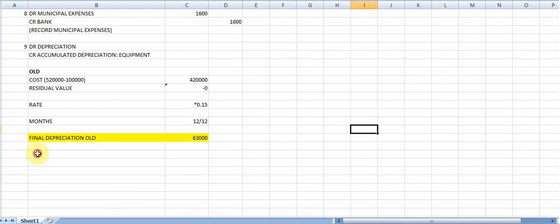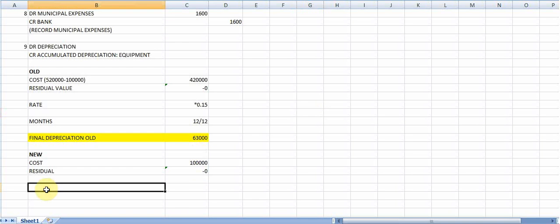How about the new? I have a new one as well. So the cost of the new one is 100,000, and there is no residual. So I'm just going to say minus nothing, because the residual value should be deducted. Then what is the rate?